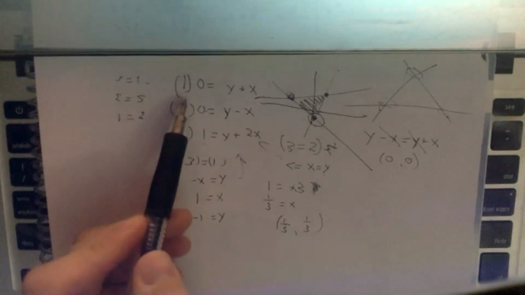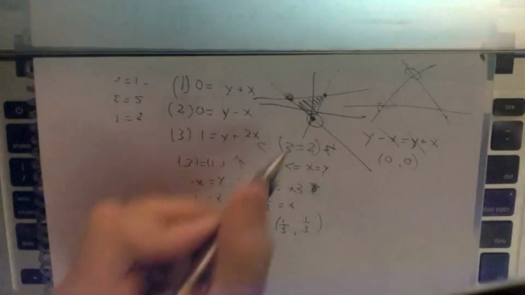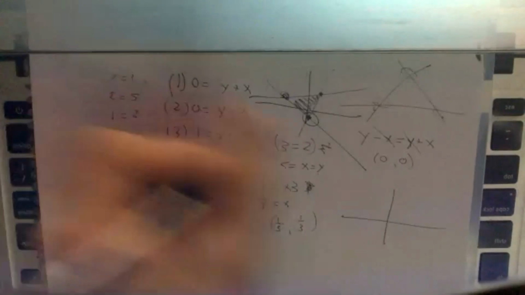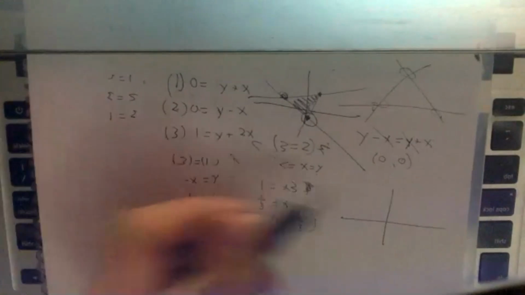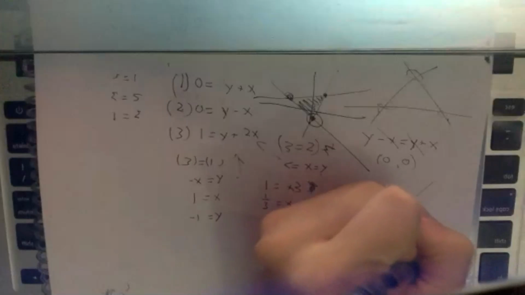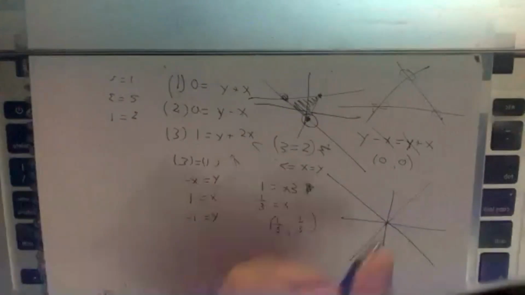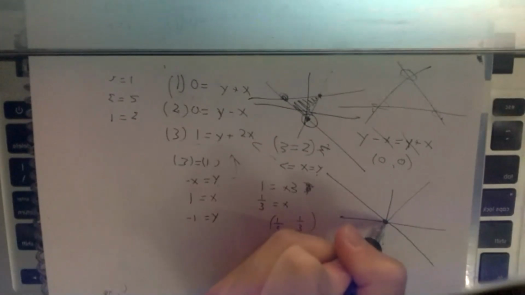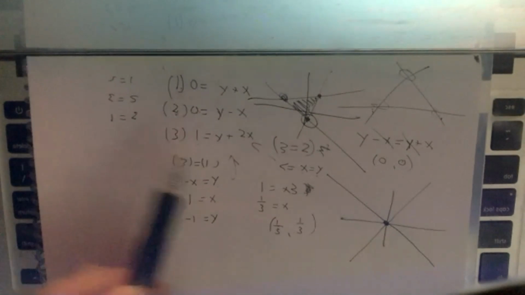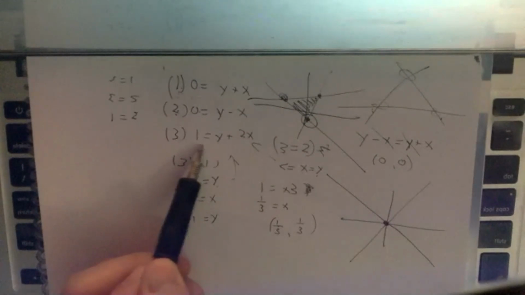So at, let's say, 0, 0, if drawn to scale, y equals x and y equals minus x. It's going to look like this, and that's where they meet each other at 0, 0, this one and this one. And then we have y equals minus 2x plus 1.